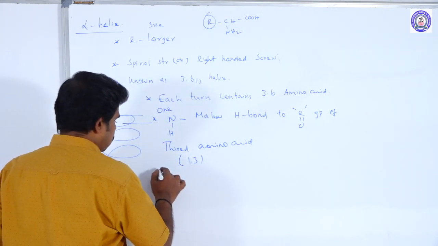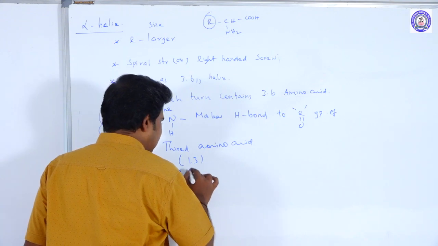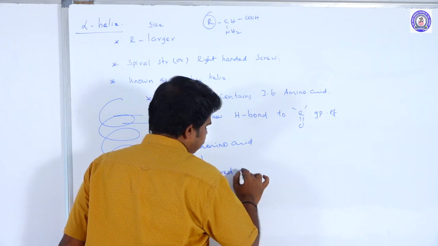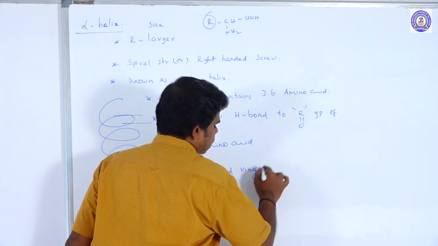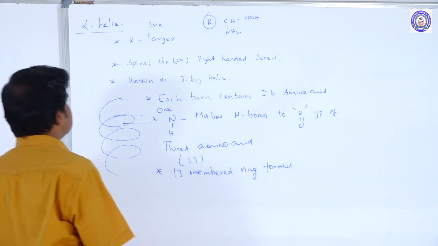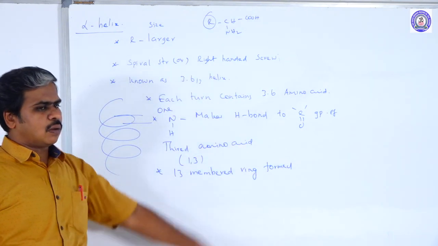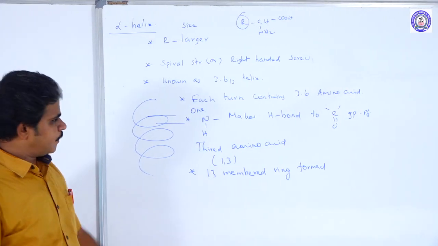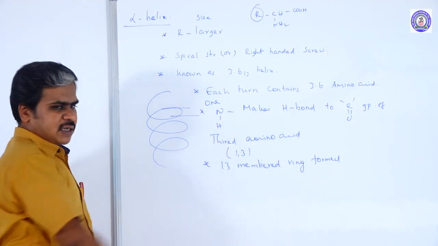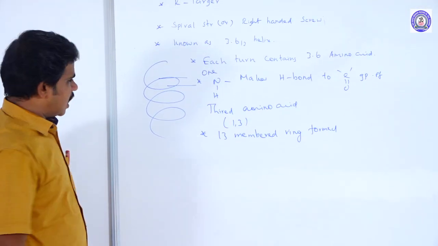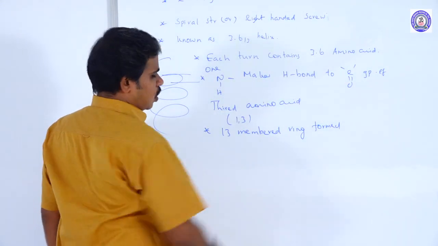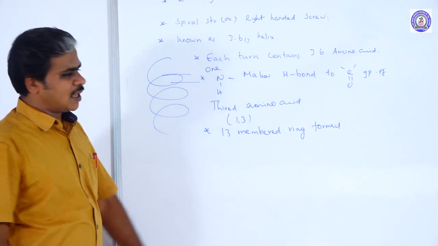It is nothing but a 1,3 interaction. And a 13-membered ring is formed. So that it is called the 3.6 13 helix: 3.6 amino acids in each turn, the hydrogen bond between the first and the third amino acids, and a 13-membered ring.